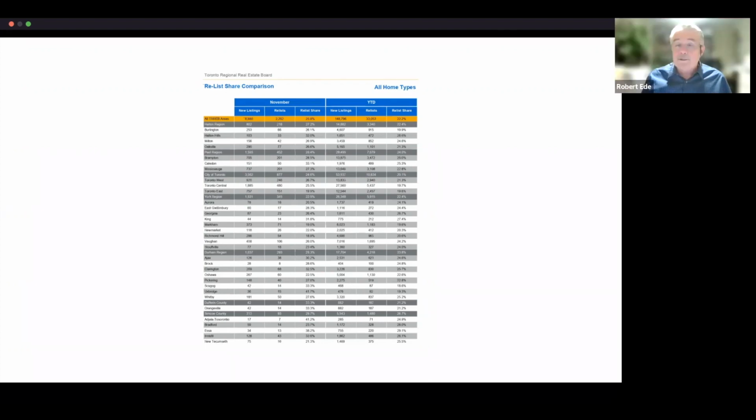Well, the sales to new listings ratio is how many of the sales are within the total number of new listings, like what's being absorbed and what's coming on. So if you're boosting this too much, then your sales to listing ratio is going to be lower because you're comparing it to a higher number. But if you use the real number, your sales to listing ratio will be higher.